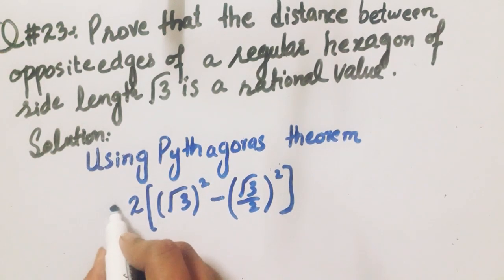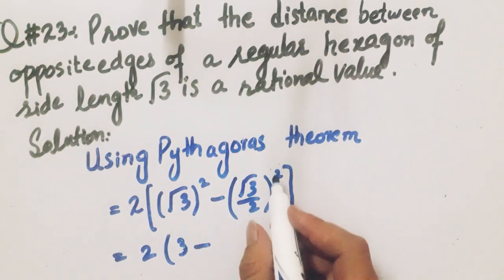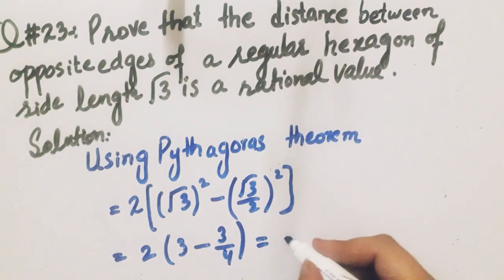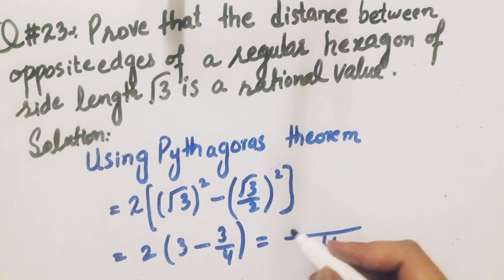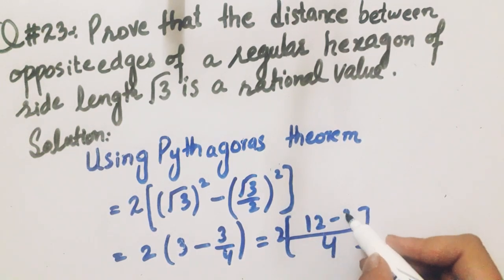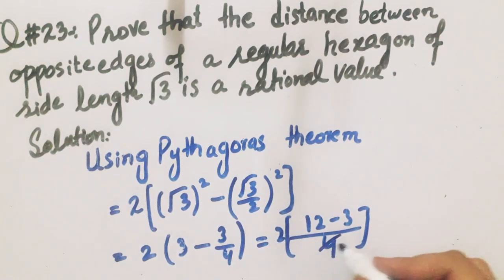Now by solving this, we will get 2 into the square root of 3 minus, the square root is cancelled by the square, so 3 by 4. So LCM is 4. 3 is multiplied by 4, so 12 minus 3. 2 2s are 4 and 2 1s are 2.